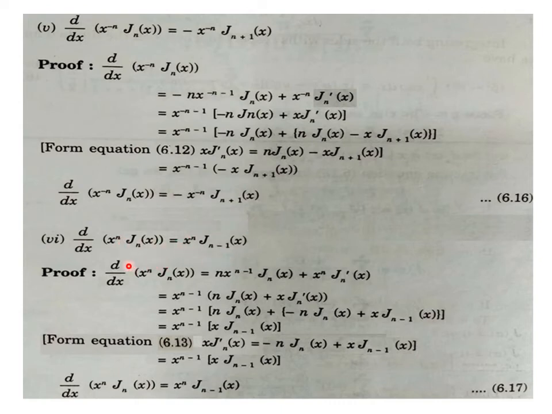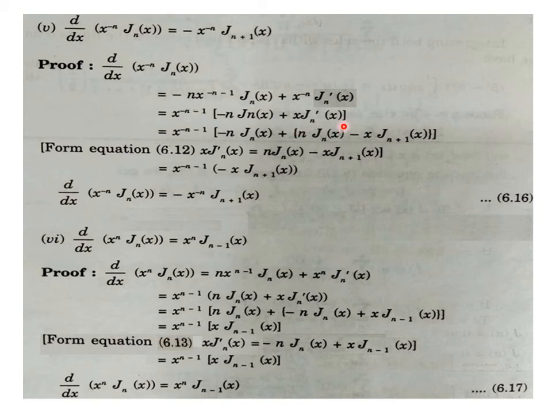We start with the left hand side and use the product rule of differentiation. x power n is differentiated as n x power n minus 1, Jn(x) is invariant, plus x power n invariant, Jn(x) differentiated as Jn dash (x). Then take x power n minus 1 as common. Now in the bracket we have n Jn(x) plus x Jn dash (x), same as in the fifth recurrence relation.